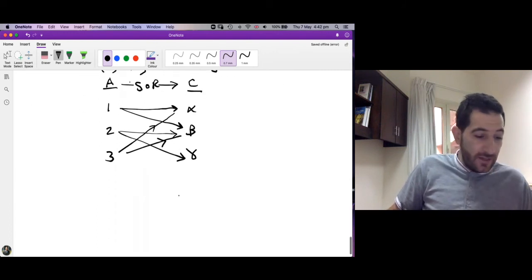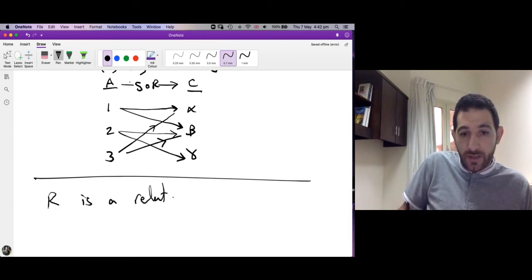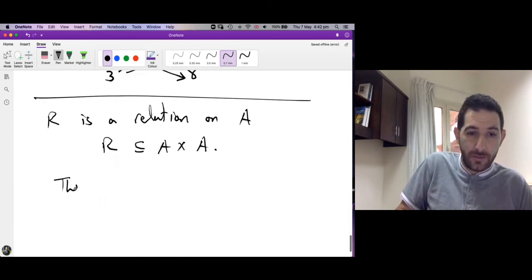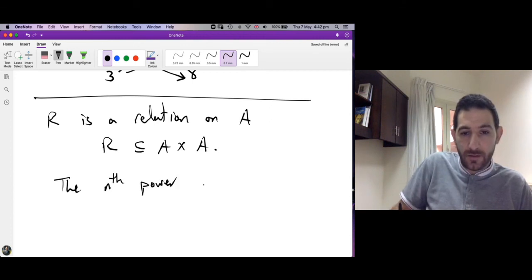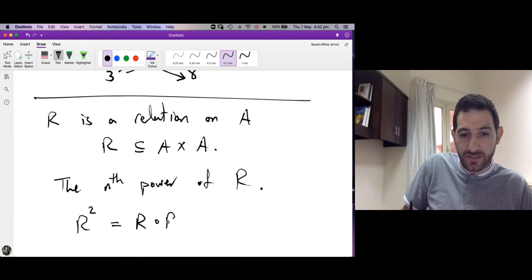Now when we have a relation R on a set A, remember this means that R is a subset of A cross A, then we want to define the nth power of R using composition. So R squared, the second power of R, is simply the composition of R with itself.